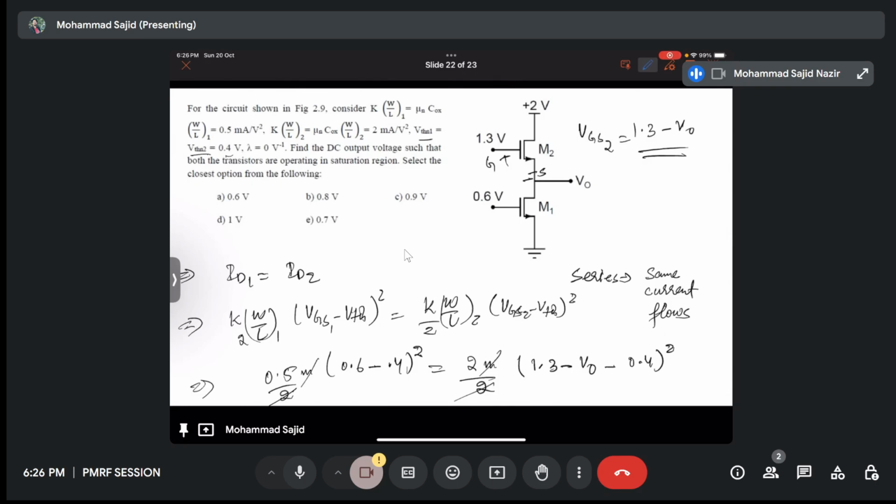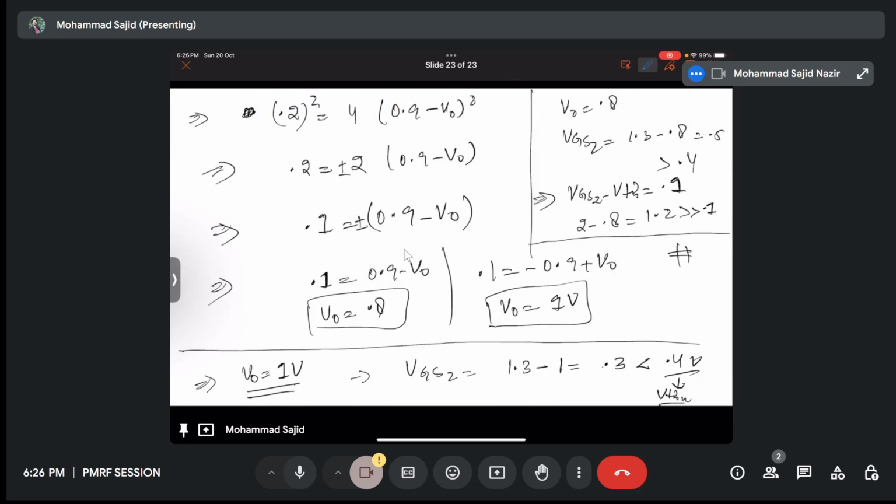Okay, so first thing first, when the transistors are connected in series, you have currents ID1 and ID2 flowing through them, which should be equal. And this will give us a solution point. Here V0, so we have two values. V0 is equal to 0.8, V0 is equal to 1 volt.